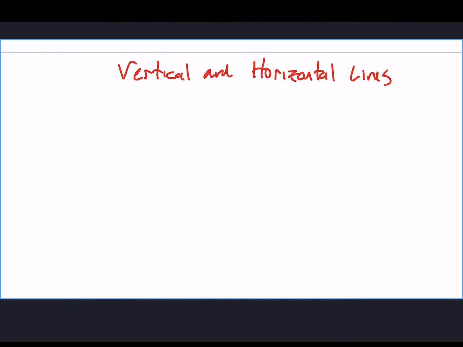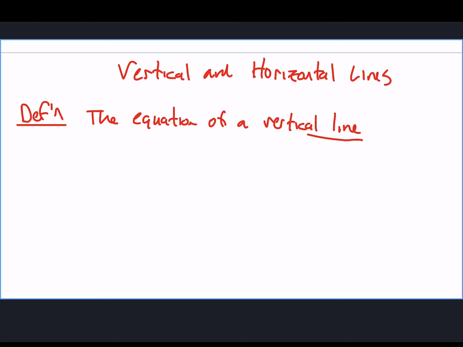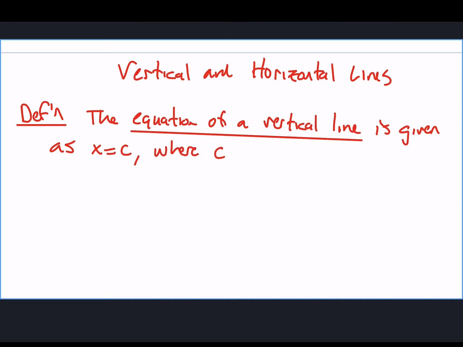Then a horizontal is 0 and a vertical is undefined. So, the equation of a vertical line is given as x equals c, where c is a constant.